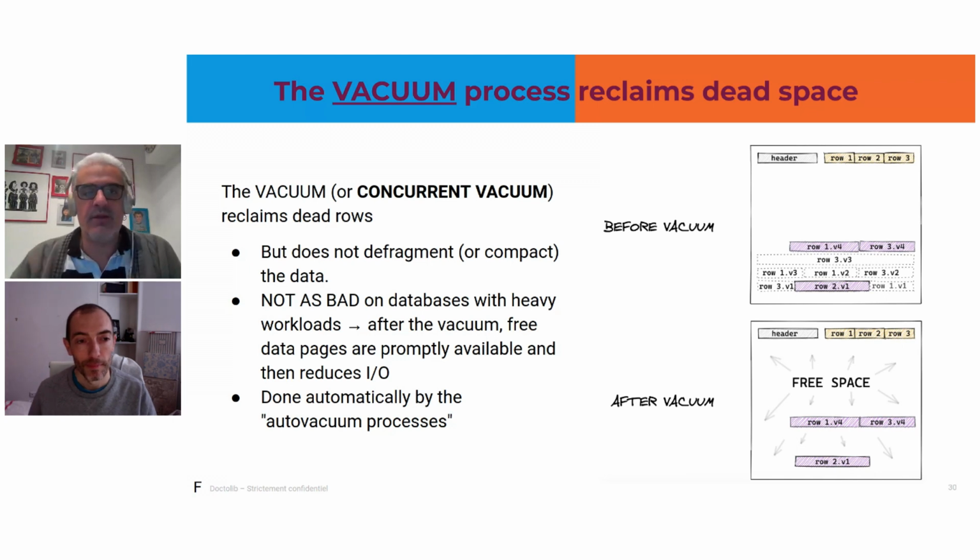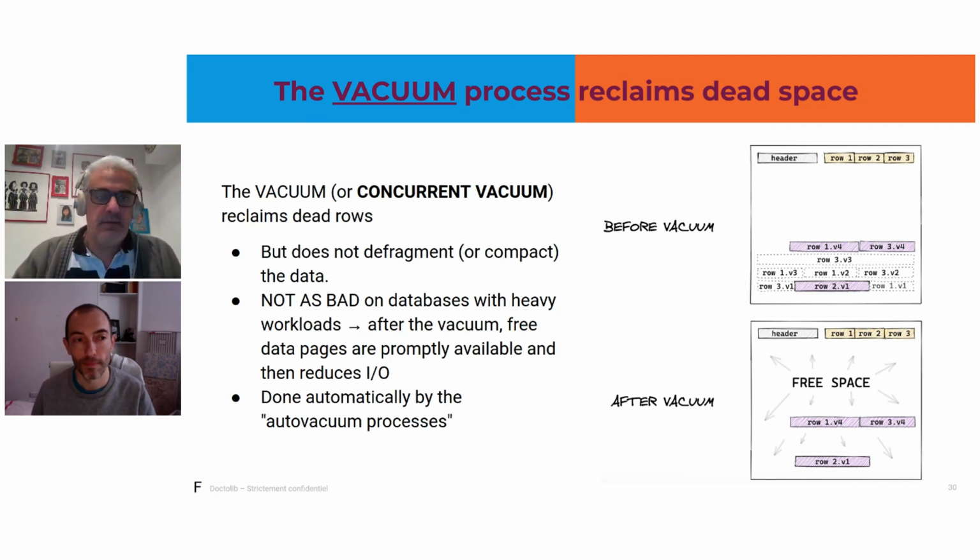So it will scan your table for dead rows, for dead tuples, what we call in the Postgres jargon, and it will just free up this space so new transactions can use it. So it will not defragment data, it will not compact the table, but if you run that regularly, you can control the bloating because the space will be reused by new transactions.